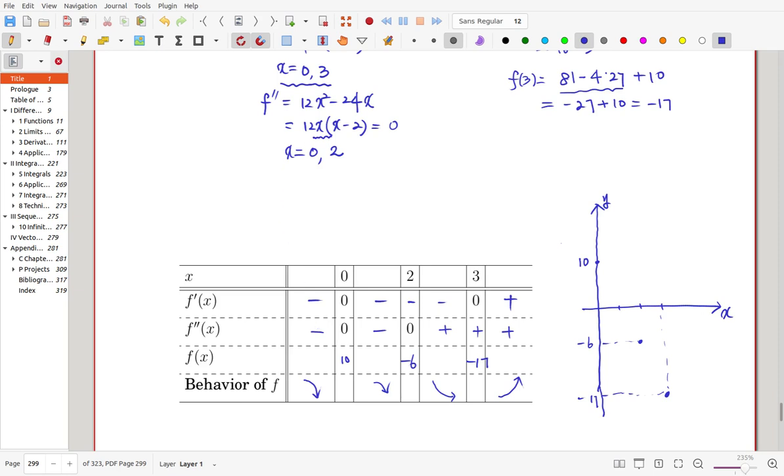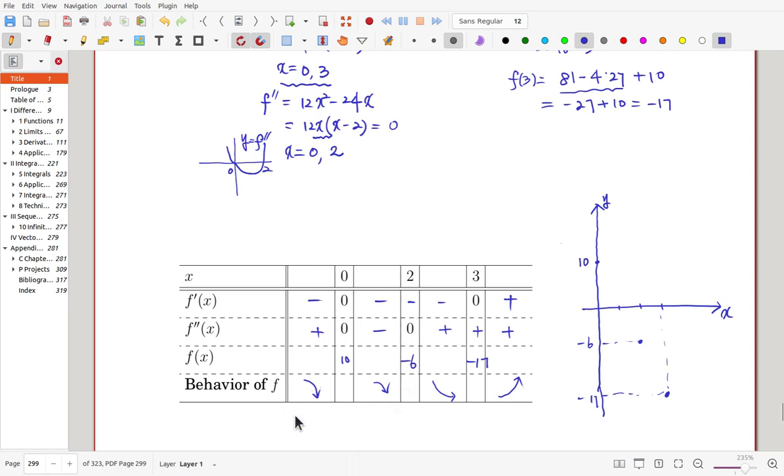If you try to make the picture for f double prime, it's in this way: between 0 and 2 it is negative, but to the left of 0 it must be positive, right?